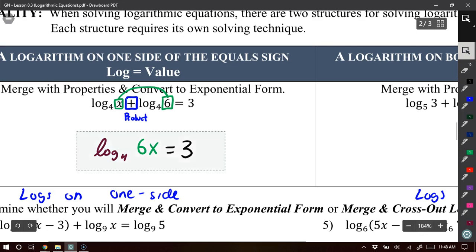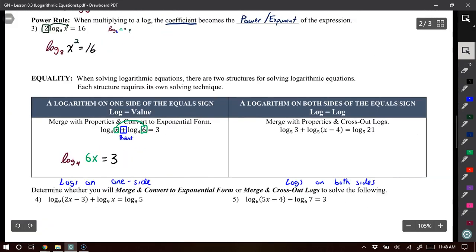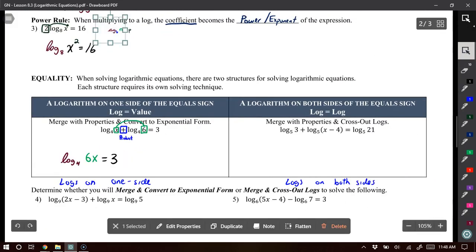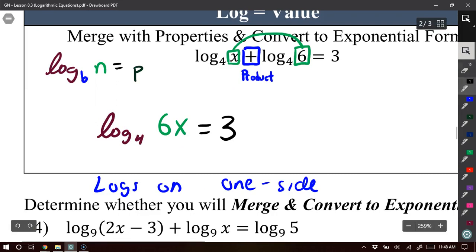What I would do is I would see I have a log on one side of the equation. So I have to convert to exponential form. If only we learned how to convert to exponential form before, and we have, right up there. We've learned how to do that all on the previous side. We read it like a question.